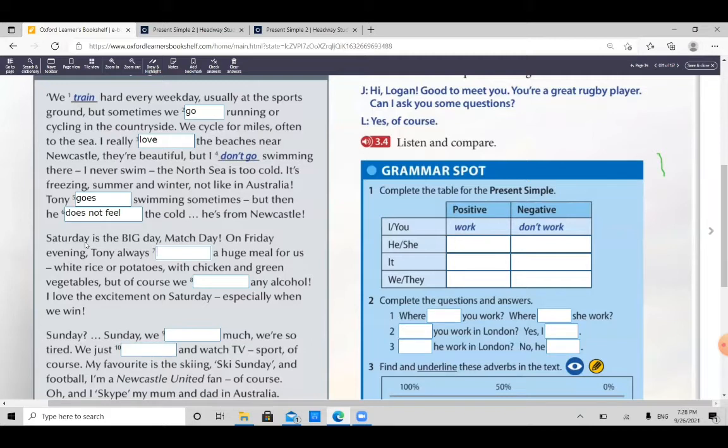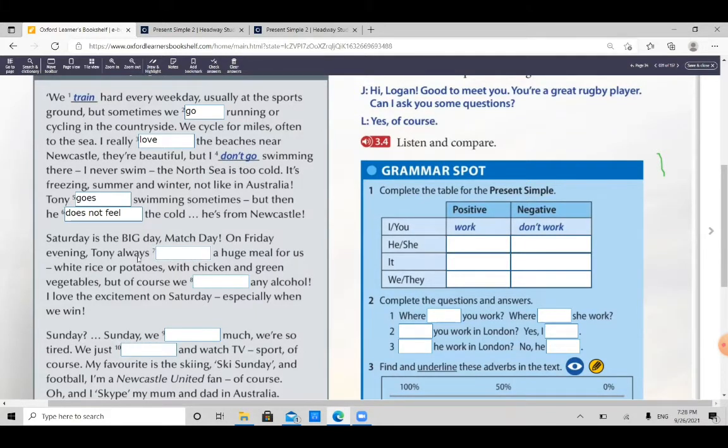Hold on. What's the verb here, number 7? Tony always... Not really, a huge meal for us. Cooks. So he prepares, he cooks for us the huge meal.